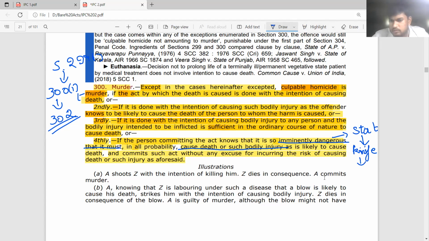This knife was a slightly longer one. Instead of knife, maybe it was a kripal.